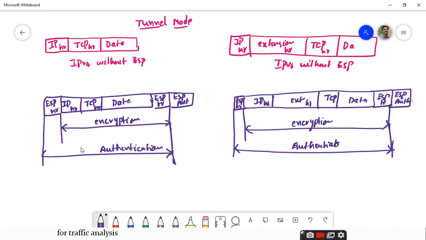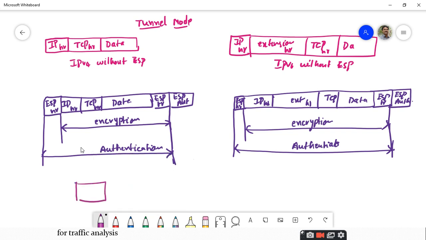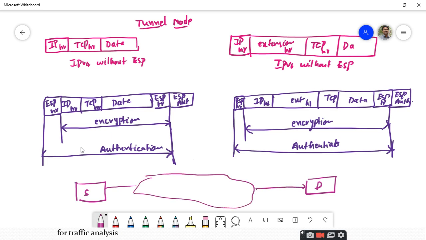Why we require the new IP header, let us take an example here. This is my source and this is the destination. Let us assume that both of them are connected via the internet.